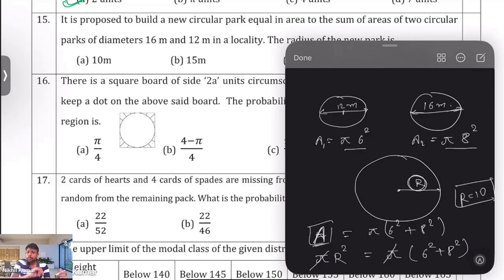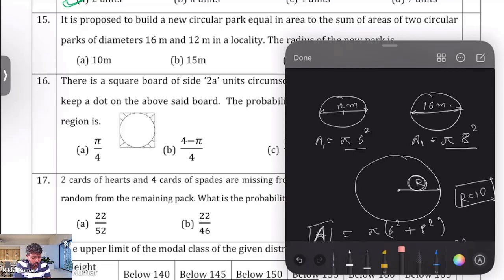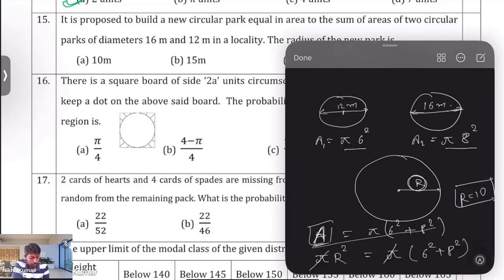How? If you remember Pythagorean triplets, 6, 8 and 10 would be Pythagorean triplets. So if you can't remember 6, 8 and 10, I'm sure you remember 3, 4 and 5 as the Pythagorean triplets.